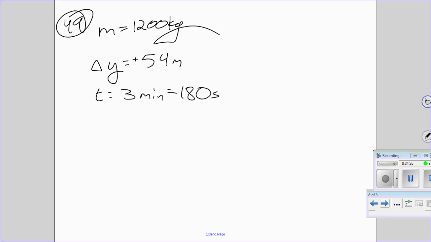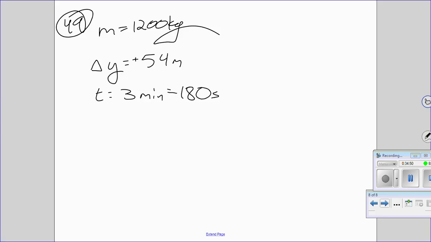Stupid units. All right, it says the elevator's counterweight has a mass of only 950 kilograms, so the elevator motor must help. So what does that mean? What is it talking about, counterweight? I don't know a ton about elevators.